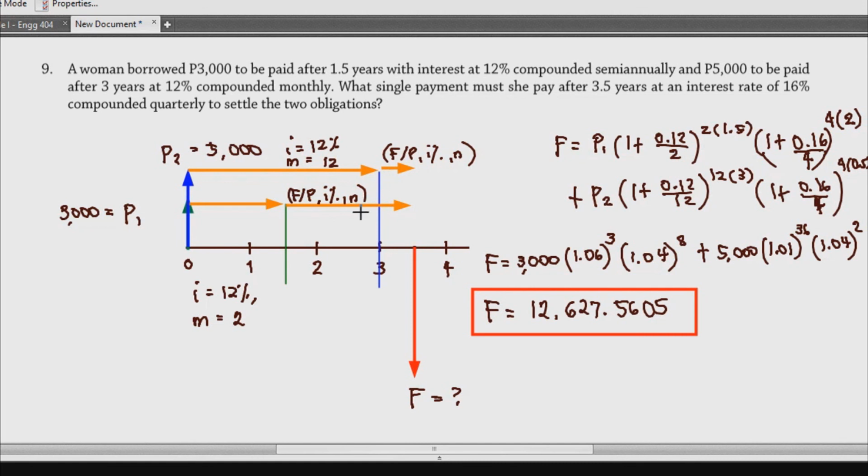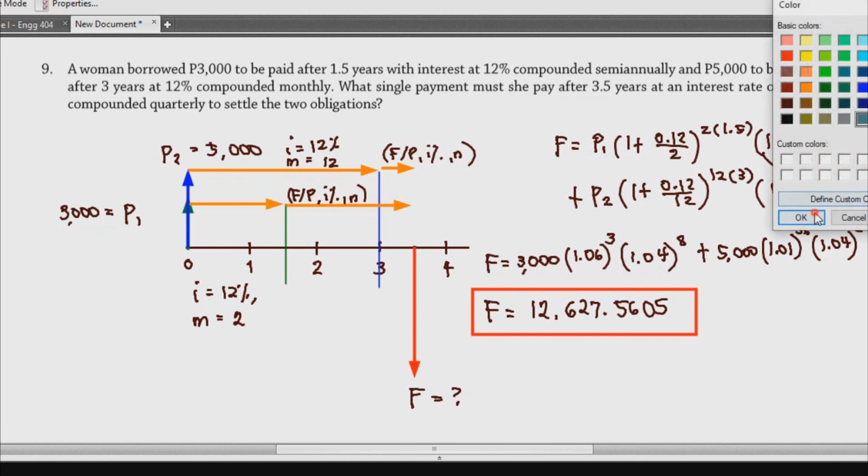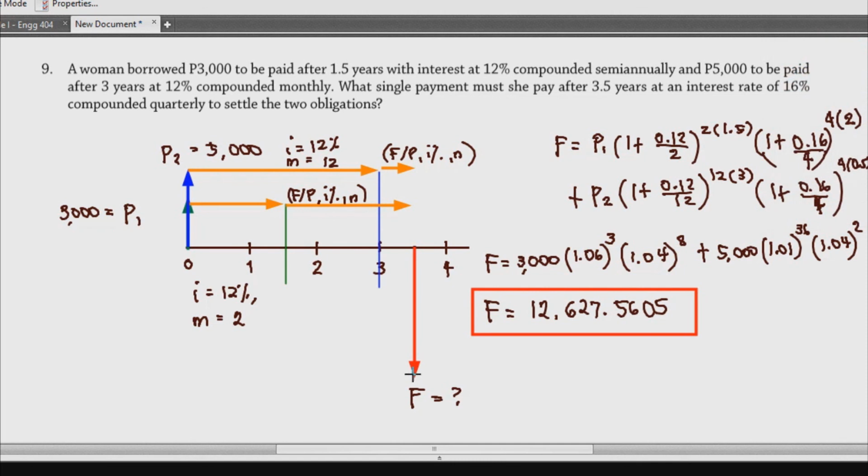Now, what if you try using the present worth in this case? So, wala tayong gagalawin dito, which makes it easier naman kung walang gagalawin dito, no? Kasi gagawin natin, babalik natin to eh. Pero this one would be a little complicated kasi you have something like 3 stops here. So, yung una, your first stop would be here sa 3rd year. So dito, yung unang stop natin, pero you just have to use this simple interest rate.